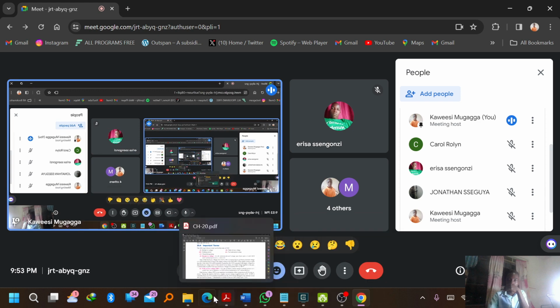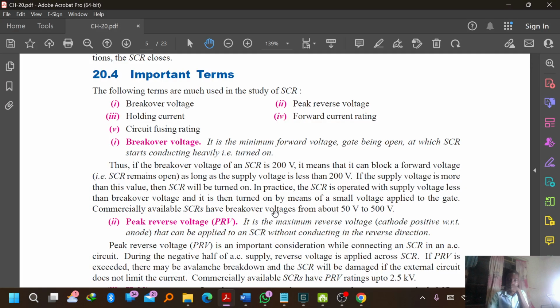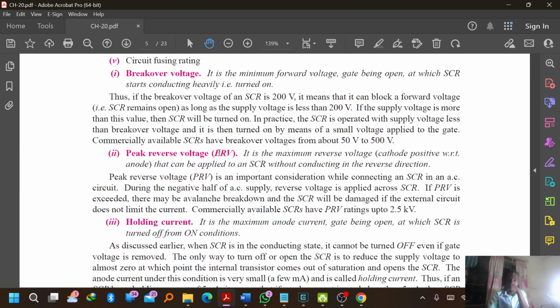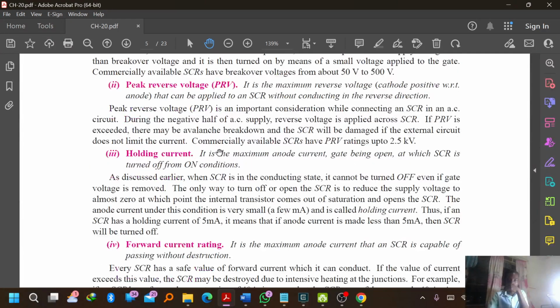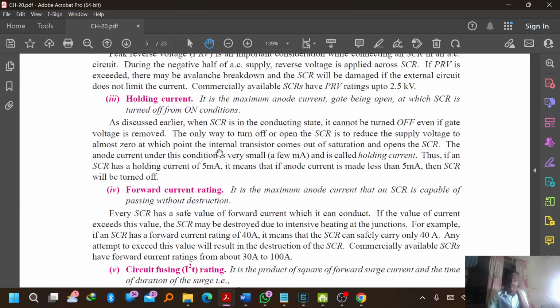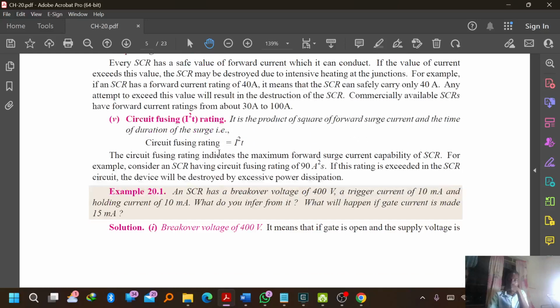For example, what I was talking about is what we call breakover voltage. Now, breakover voltage is simply the minimum forward voltage, with the gate being open, at which the SCR starts conducting. Then peak reverse voltage, that one we know. Then holding current, also that one I'm going to explain, and forward current also I'm going to explain.